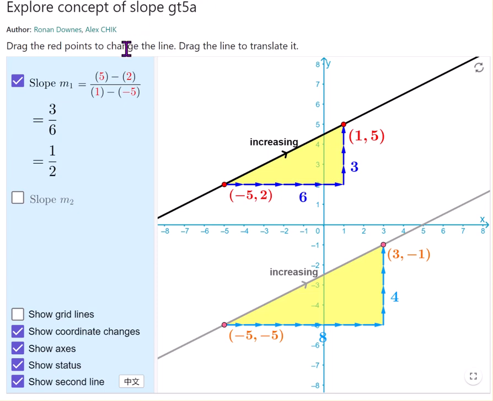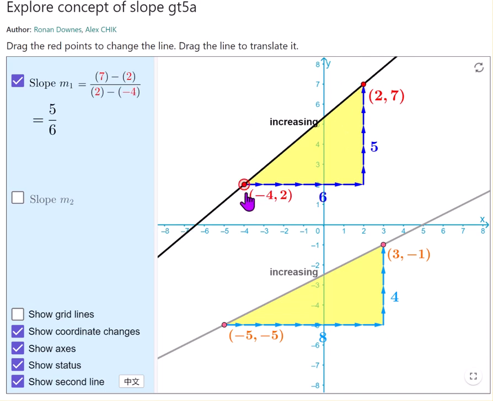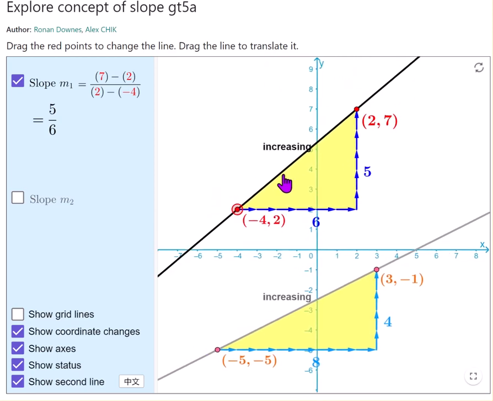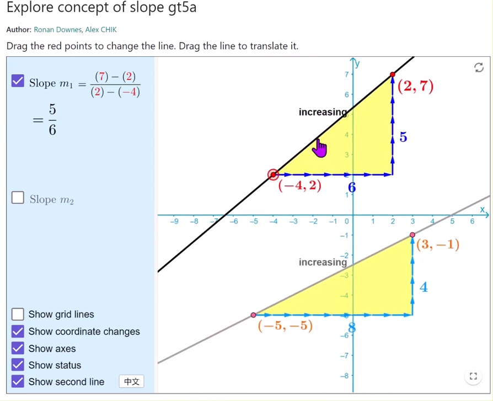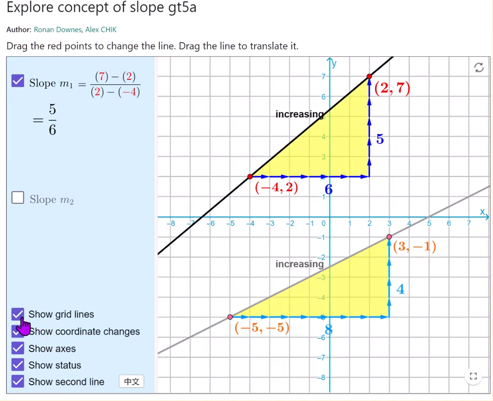Okay, so let's see what controls we have. We can control the points. We can control the entire plane by moving it around. We can turn the grid on and off. We can turn the axis on and off.